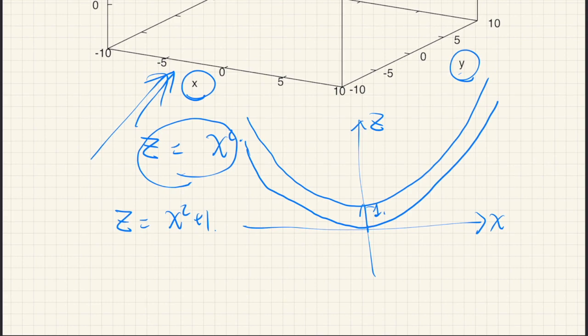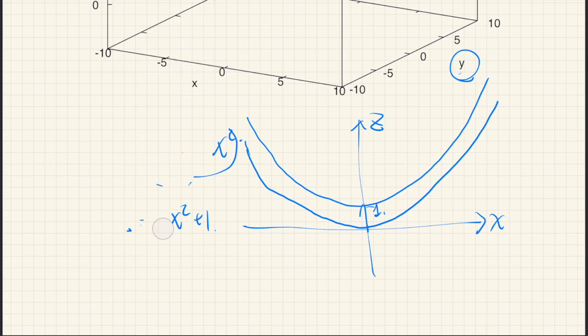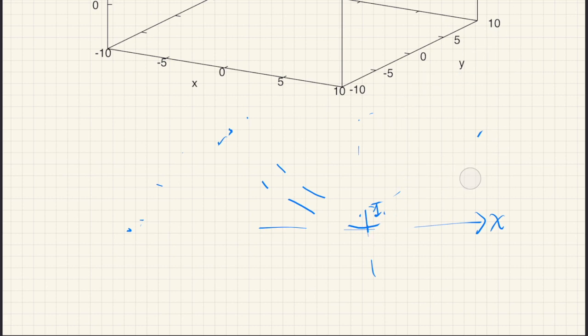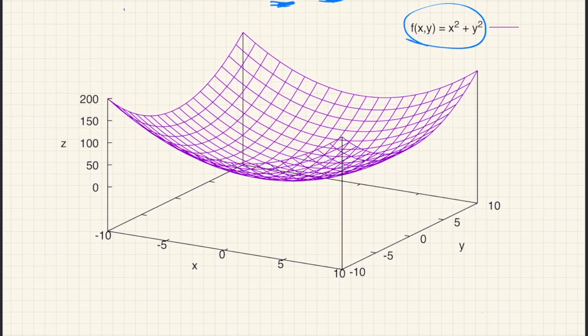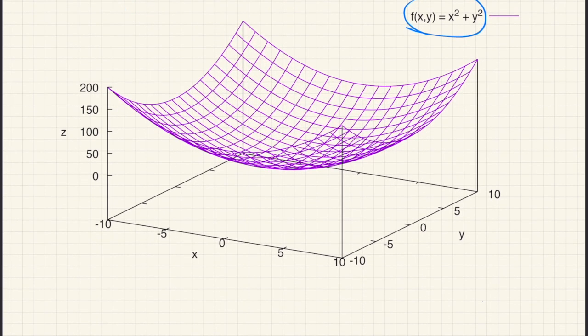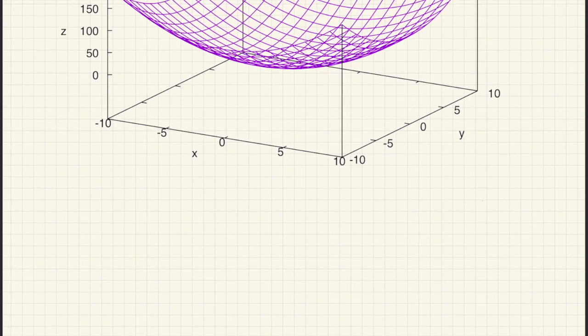And instead, we can also fix the value of x. So in this case, this function becomes a function of y alone. So let's say we fix the value of x to 0, then z is equal to y squared.